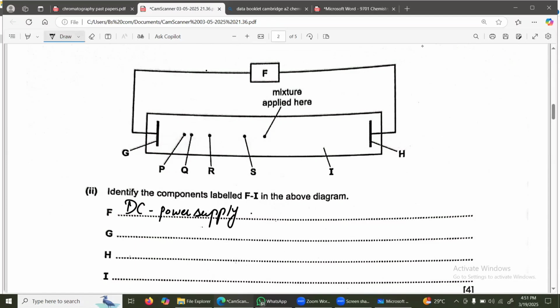Then G is the anode, or you can also write it as the positive electrode. And H is a negative electrode, or the cathode. Then I is a filter paper that is soaked in a buffer solution.